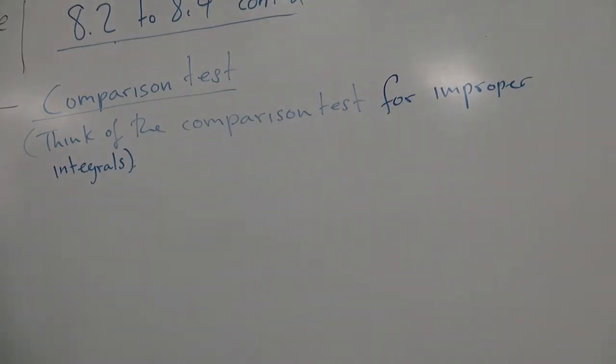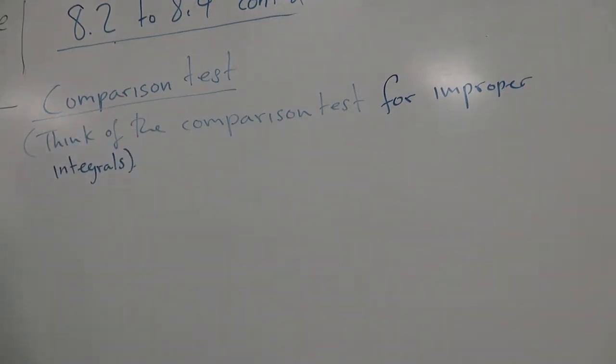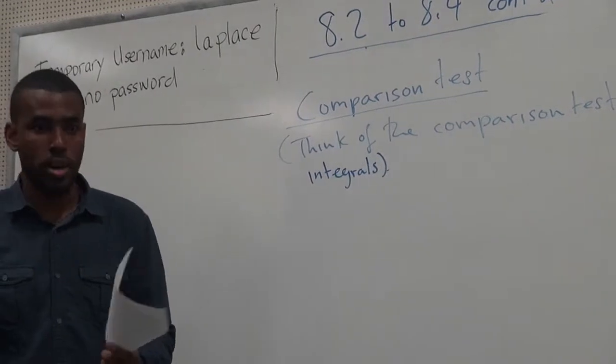The same sort of thing works here, because you can use the integral test to show that if your improper integral converges, then your series will converge. Everything is just less than they would have been in your improper integrals comparison test.